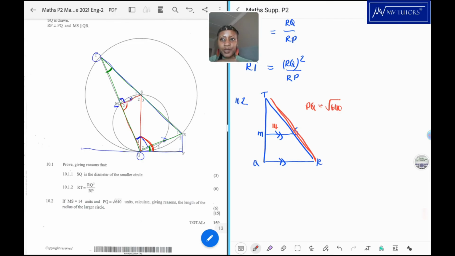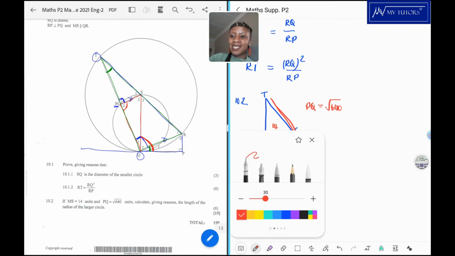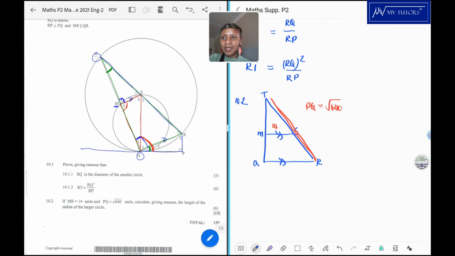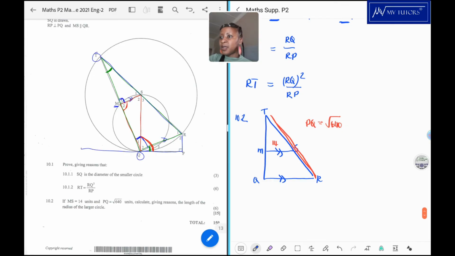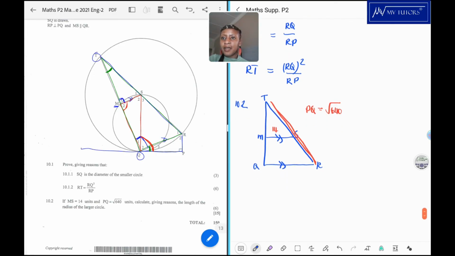Okay, so what are we going to do? This is the last question. We have been on a roll. We shouldn't get stuck. What are we going to do? So we have MS is 14 units and PQ. Do we have anything in terms of PQ up there? No, we have RQ. Okay, so if I were to use, okay, so these are, what, 90 degrees?